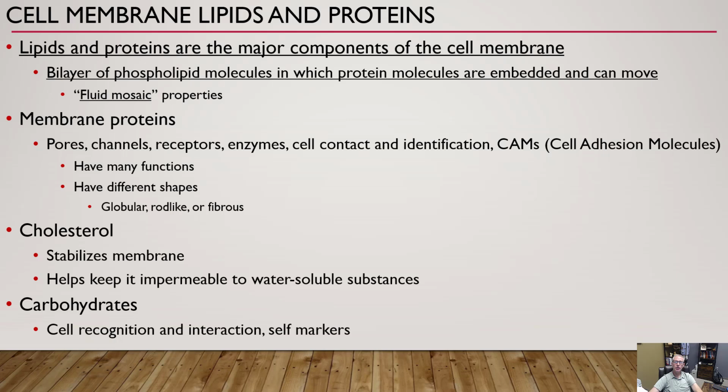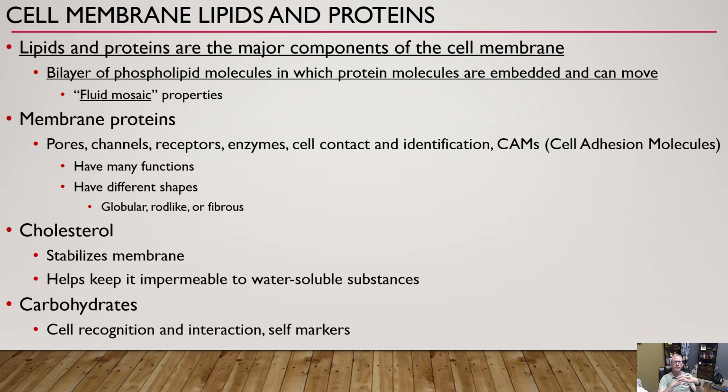All right, if we look at the structure of the cell membrane, we know that the phospholipid bilayer is present, but we see that there are protein molecules embedded in this cell membrane.